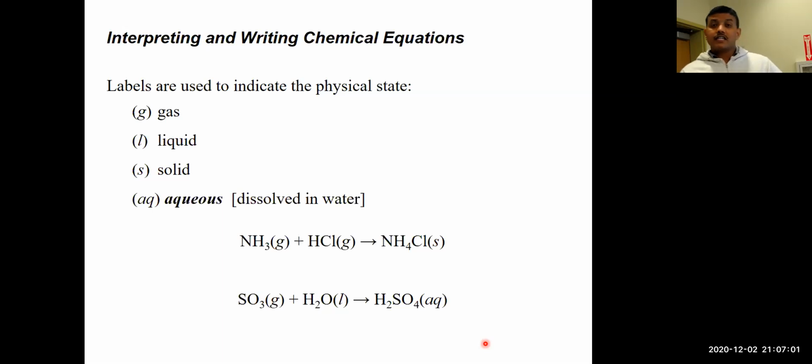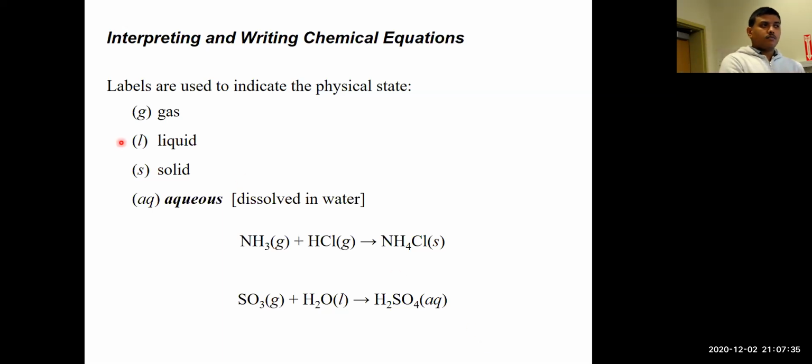Are you talking about a reaction between two solids that you're fusing, or between two liquids, or a solid and liquid, or a solid and aqueous solution, or an aqueous solution and a gas? What are you talking about, right? So you need to include the physical states of the molecules, the reactants and products, to make it a complete reaction.